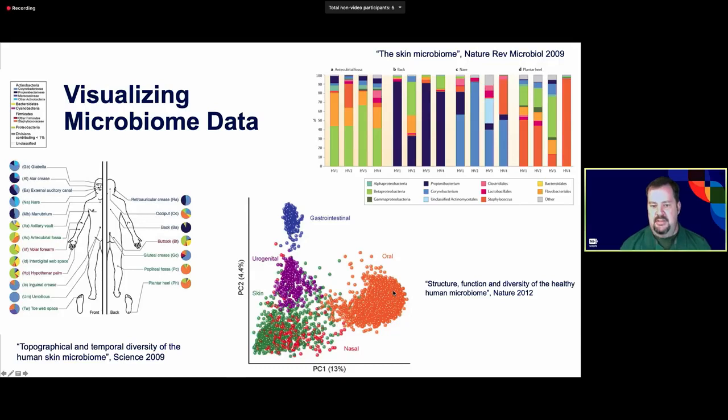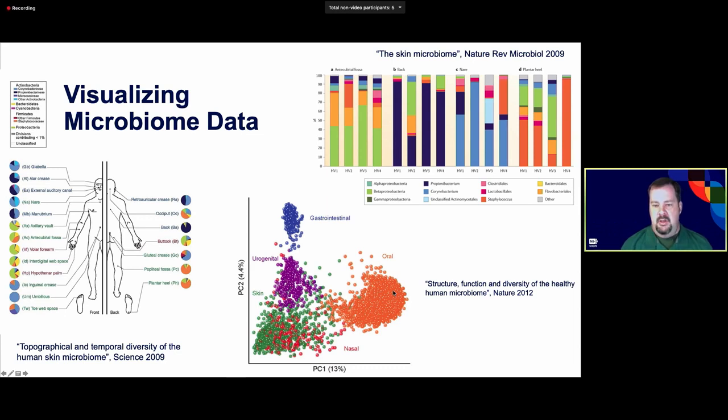This one is colored by where the samples came from. And you can see that all the orange oral samples cluster together and all of the gastrointestinal samples cluster together. So it's not all that surprising that the microbiomes from these different environments form distinct clusters.